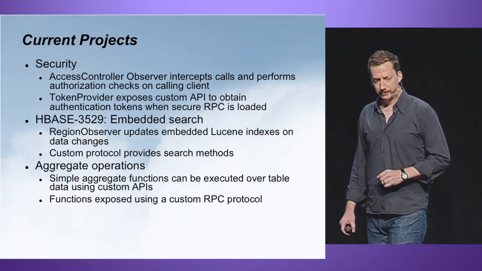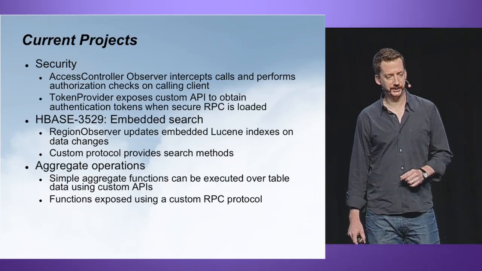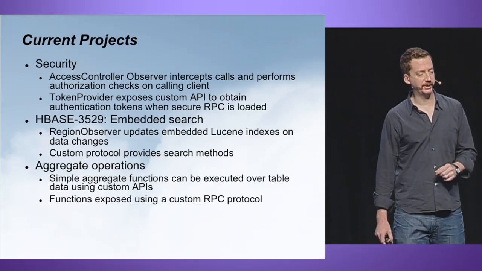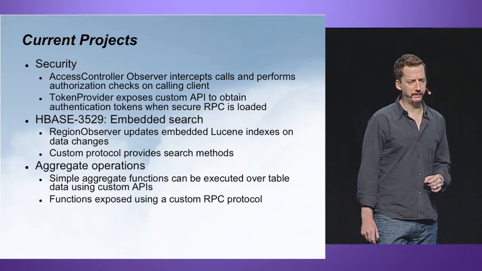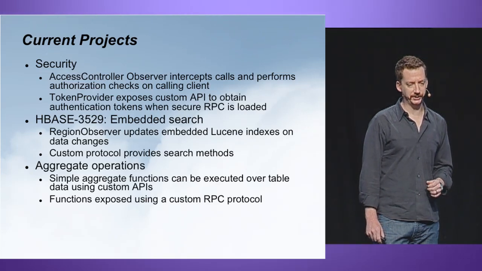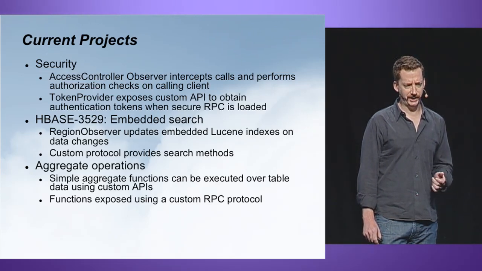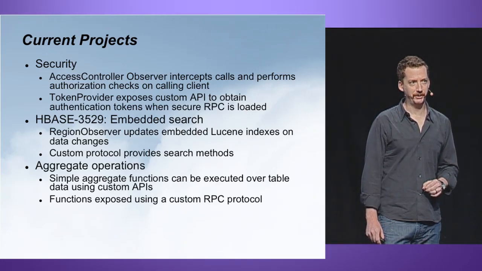There are a few different projects making use of coprocessors currently. The security implementation I'll talk about in just a minute. There's also a really interesting project to embed Lucene indexes directly in HBase region servers that a guy, Jason Ruthergren, is going to be talking about tomorrow at the HBase contributor meetup, if any of you are going to that.